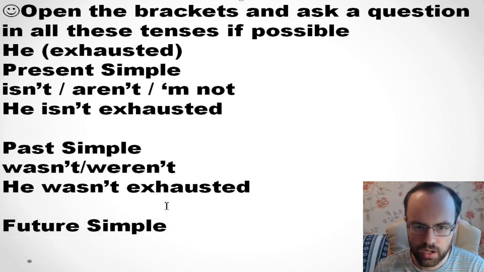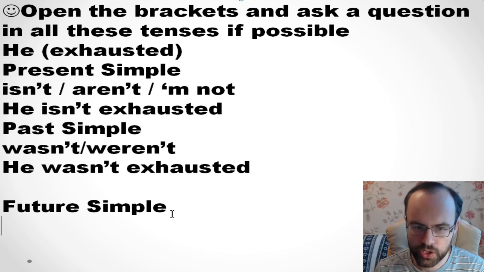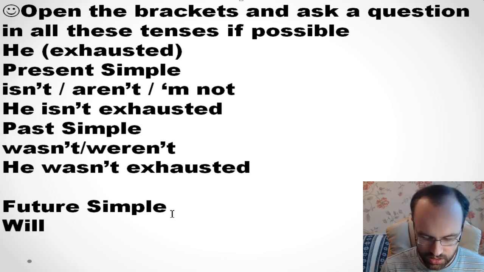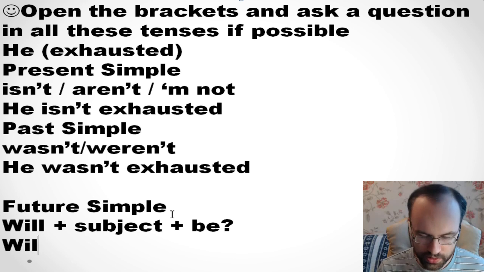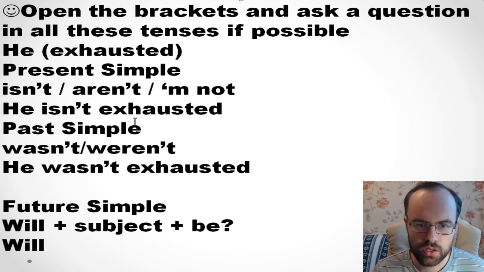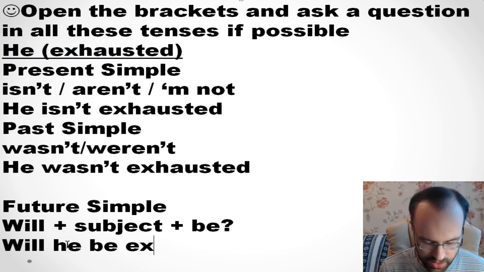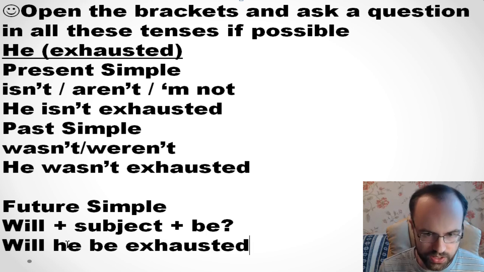Yeah, and let's have a look at future simple. Let's remember how to ask a question in this tense: will plus subject plus be. So we have this sentence: will he be exhausted?